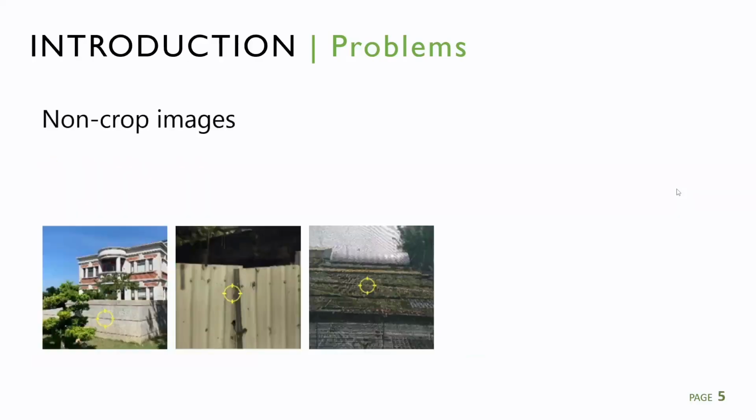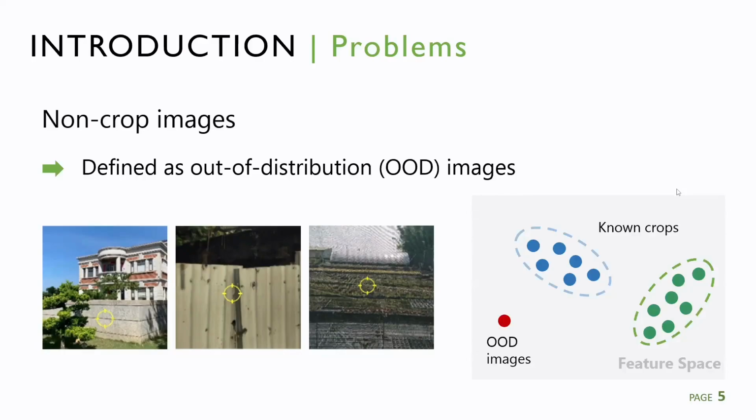And before doing that, we have to identify the non-crop images too. The enumerators are paid by the number of photos taken. So sometimes, I'm not sure if they are doing it on purpose, but they take photos that are not crops like this. This is the so-called out of distribution image.